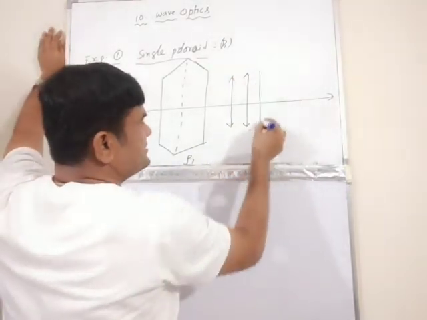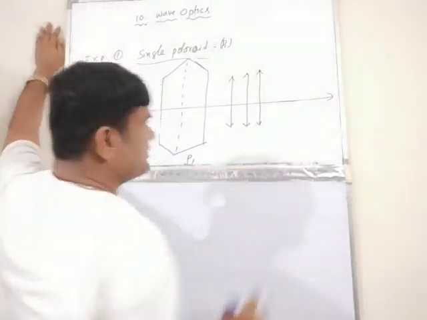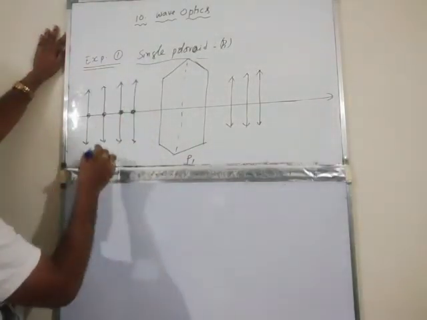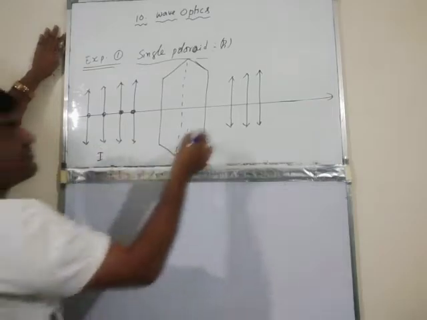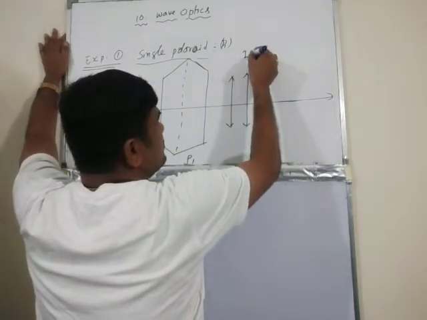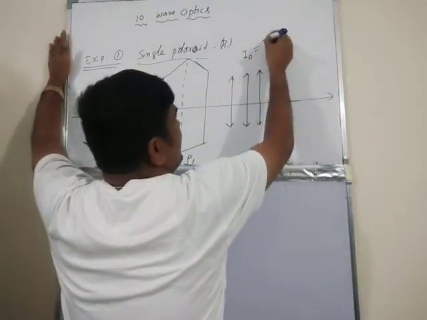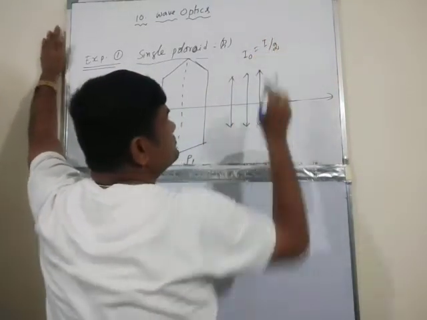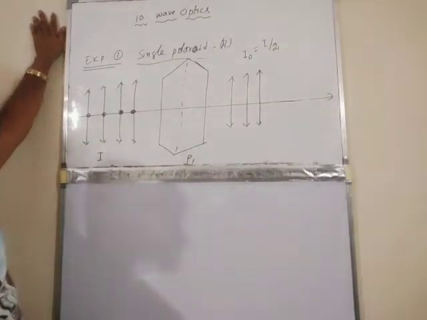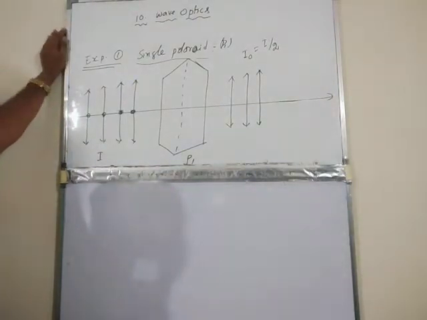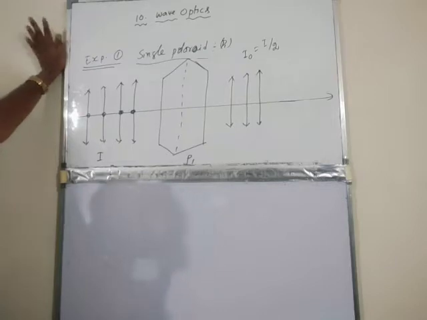Its intensity, I, becomes I naught, and I naught is equal to I by 2. Half of the intensity is decreased.